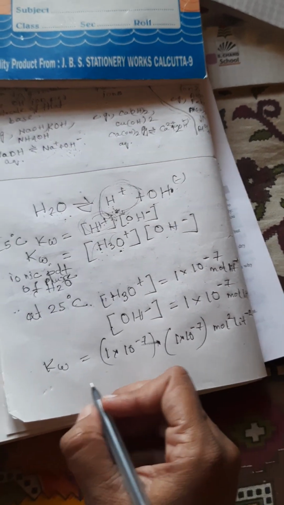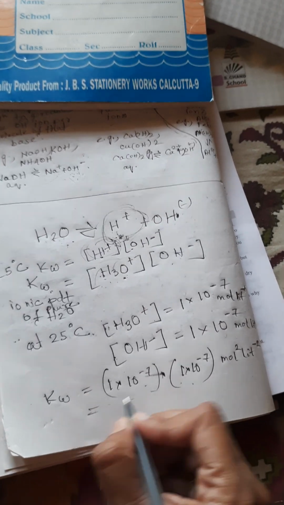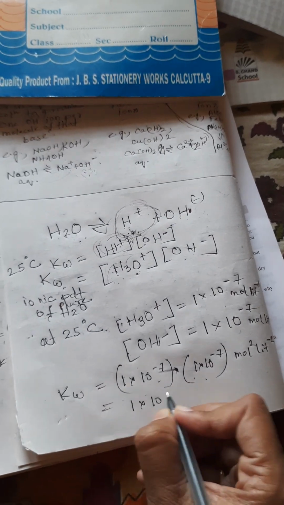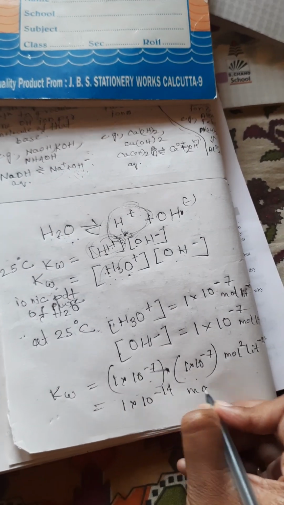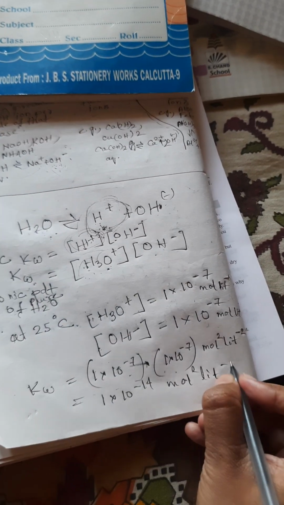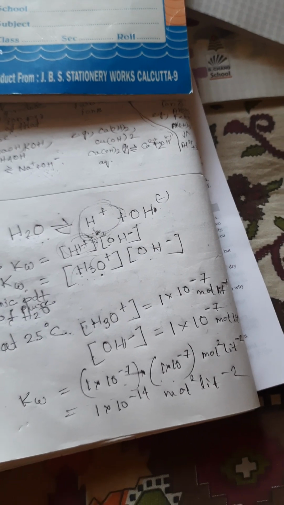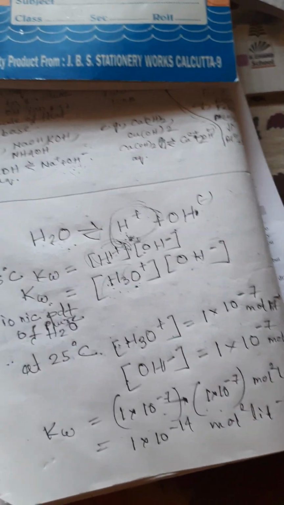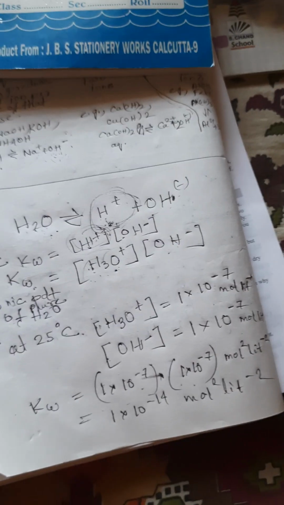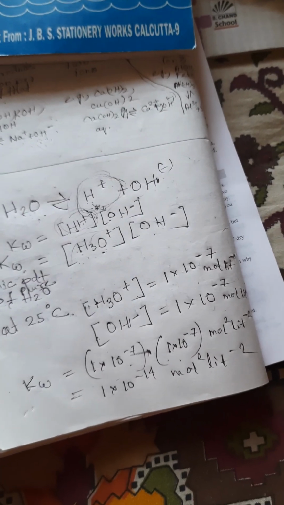After multiplication, we get 1 into 10 to the power minus 14 mole square liter to the power minus 2. Is this clear? This is known as the ionic product of water at 25 degrees centigrade.